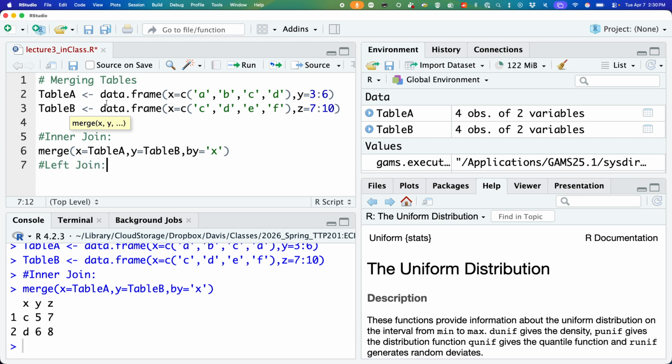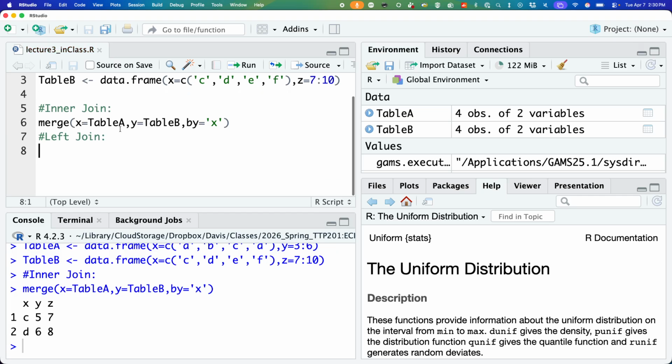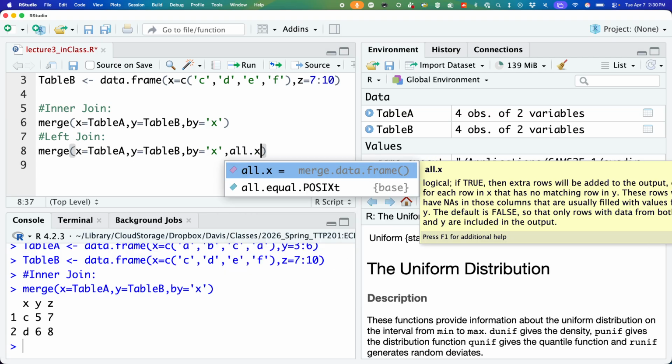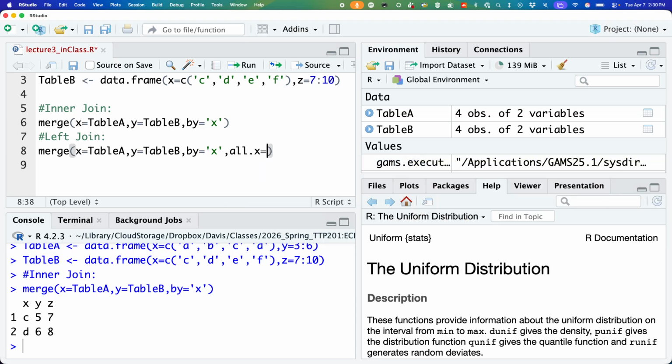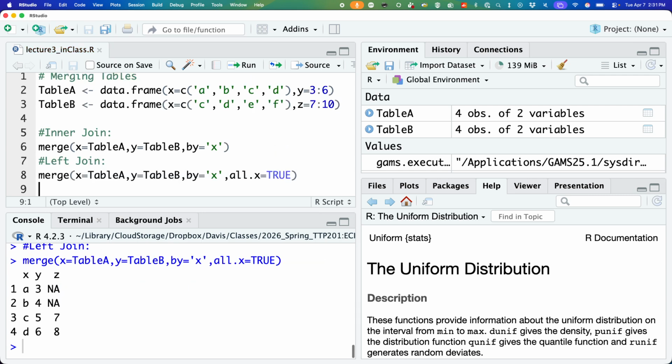Left join. Okay. Left join is almost exactly the same, except at the end here, we're going to say all dot X. The dot X refers to essentially keep everything from the table specified by the X, which is table A. So I say all X is equal to true, and I run this, and I get the left join just as we specified.